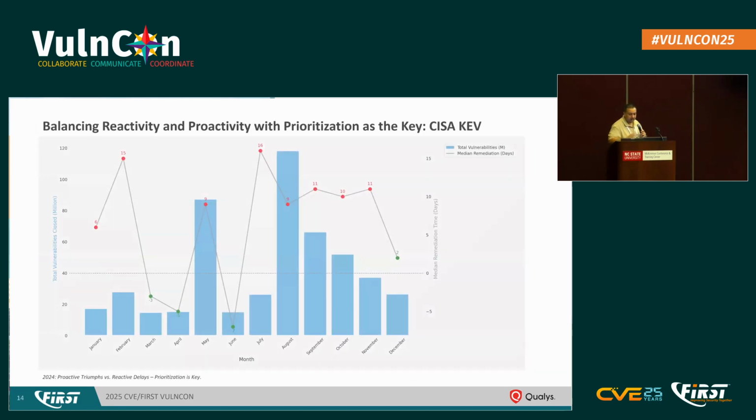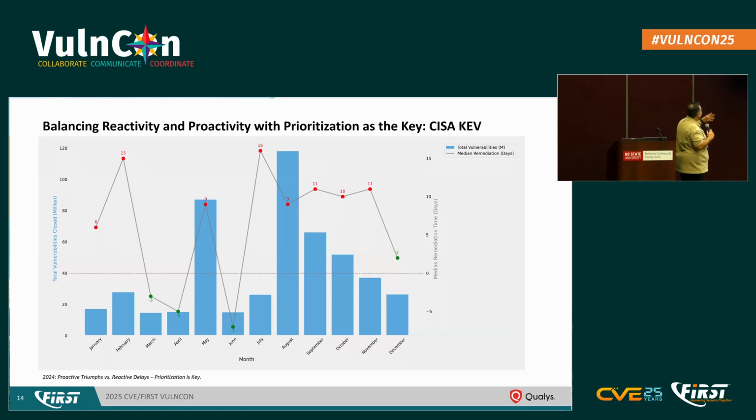This is another slide that I feel is very important because it clearly shows the data we plotted for each month for CISA CVEs, and what you are seeing here is very clear. The moment that the workload is low enough, your team normally does a really good job of taking care of those vulnerabilities.